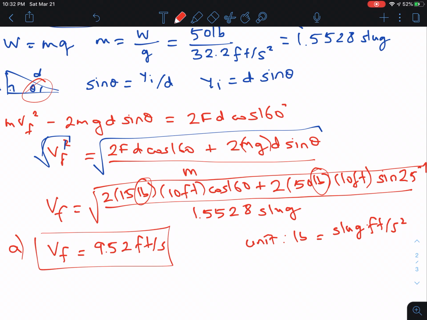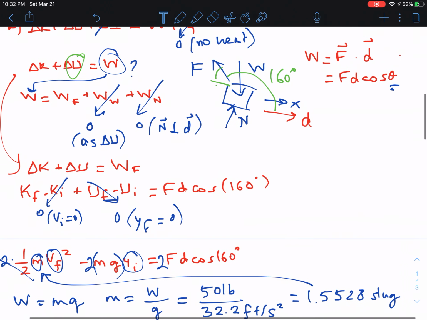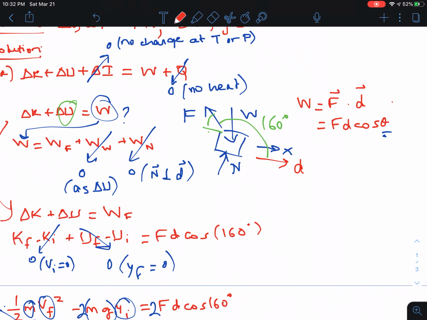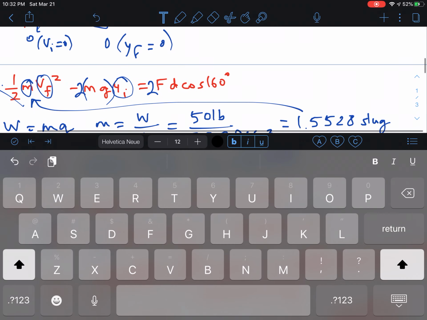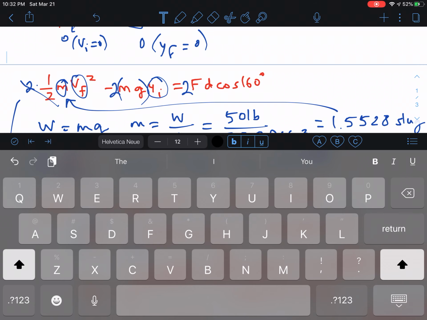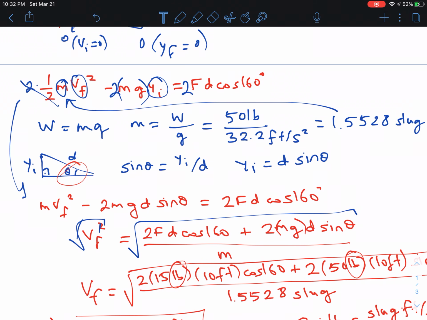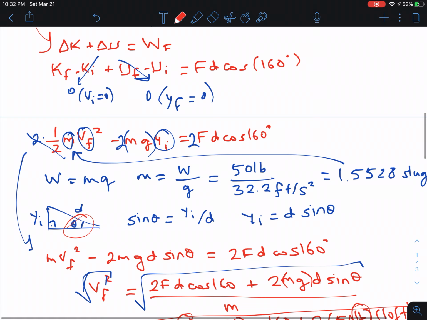Next, part B is where we ignore that applied force. Again, what happened here is that applied force, if you look at the energy conservation, we have this term here. I'm going to try to highlight that, because we had the force doing the work, right? And because it's cosine 160, it is negative.